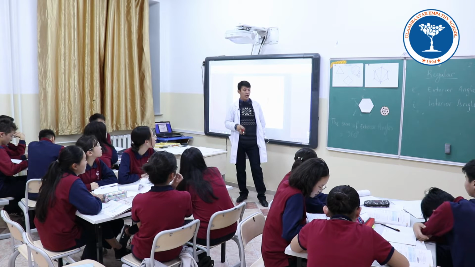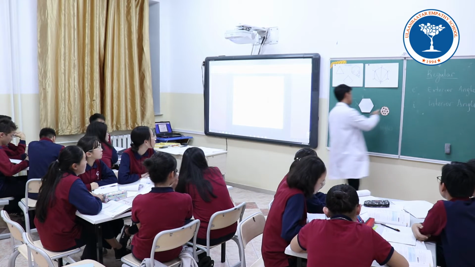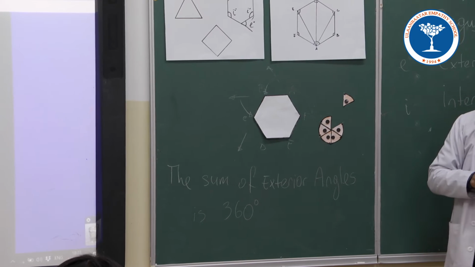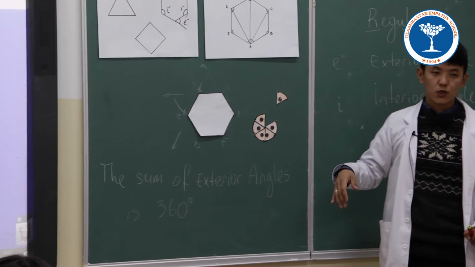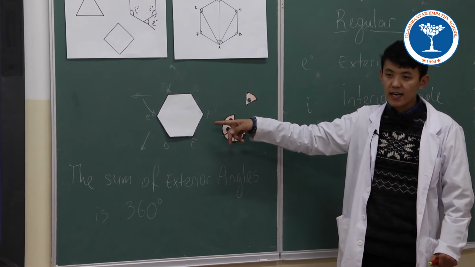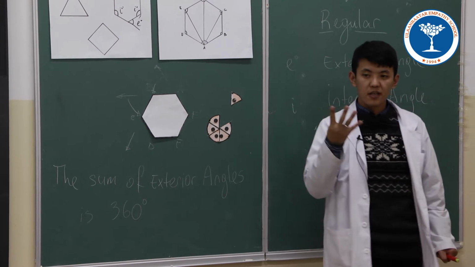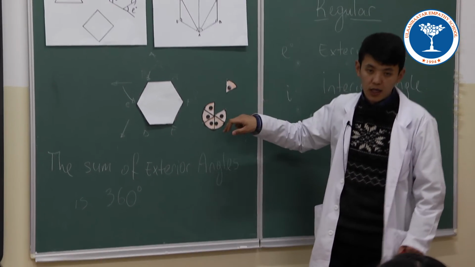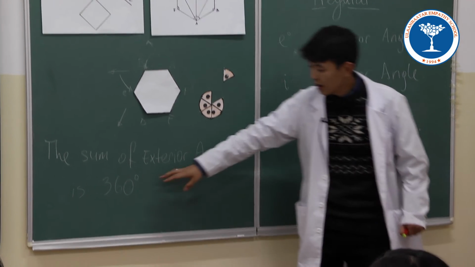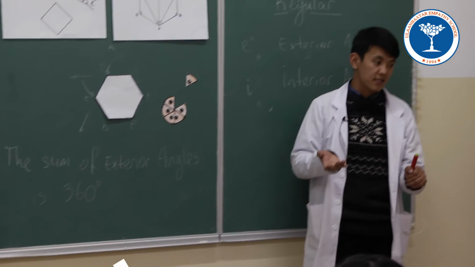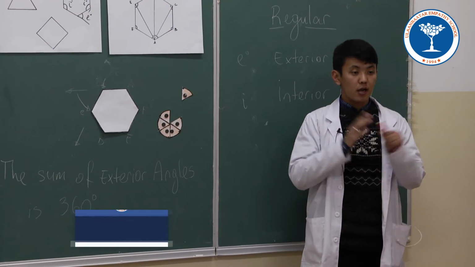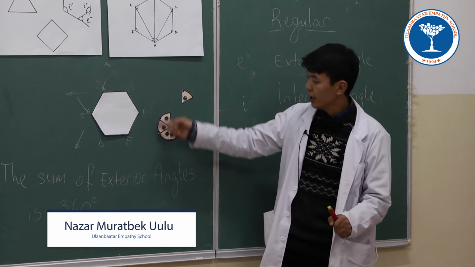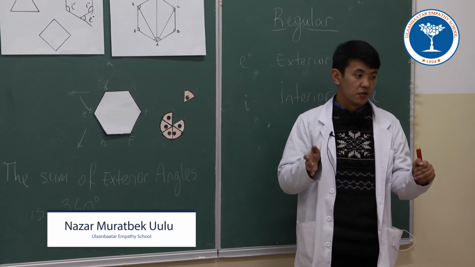Now, since we are talking about a regular polygon, we can calculate one exterior angle. How many sides do we have here? 6 sides, yes? So we have 6 exterior angles. The 6 of them form 360, and they are equal in measurement, in degrees.